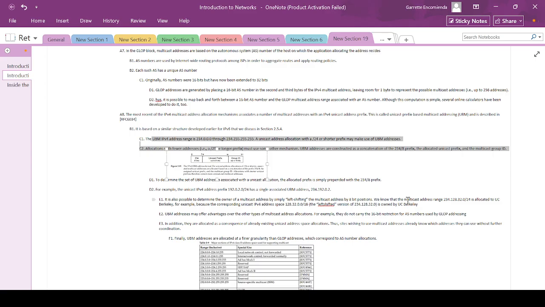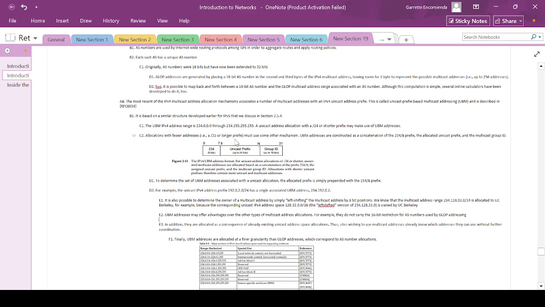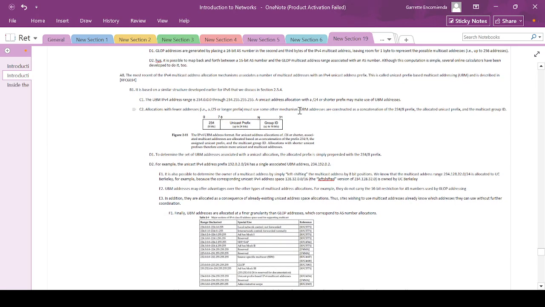So the reason why it is like IPv4 to IPv6 is because any unicast address allocation with a /24 or shorter prefix may make use of UBM addresses. So it can convert from unicast to multicast. Allocation with a /25 or longer prefix must use some other mechanism.